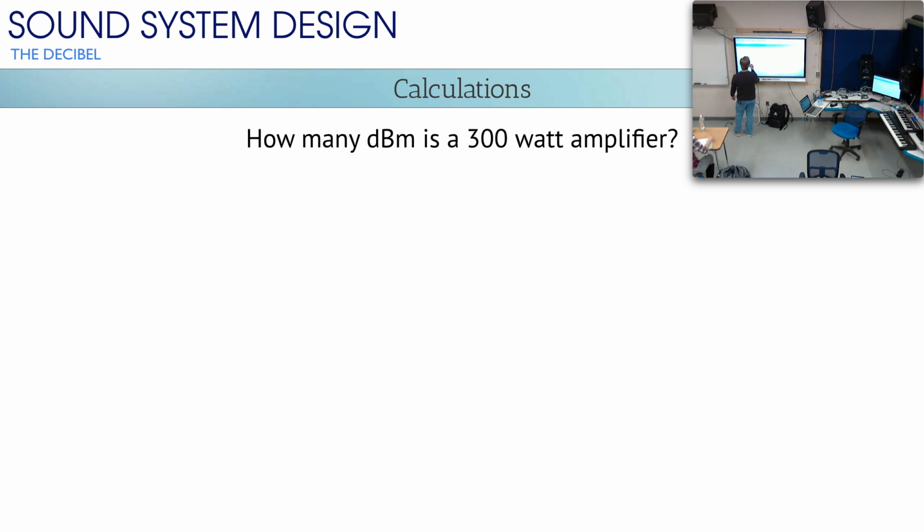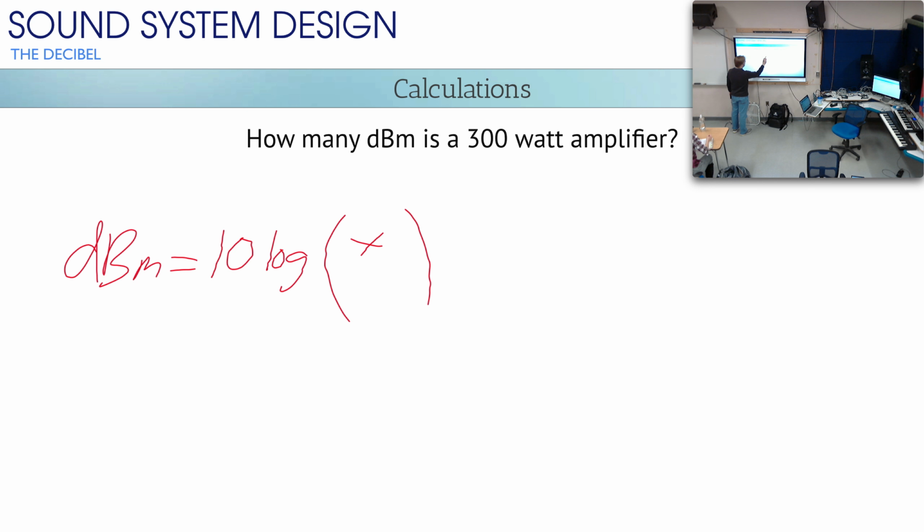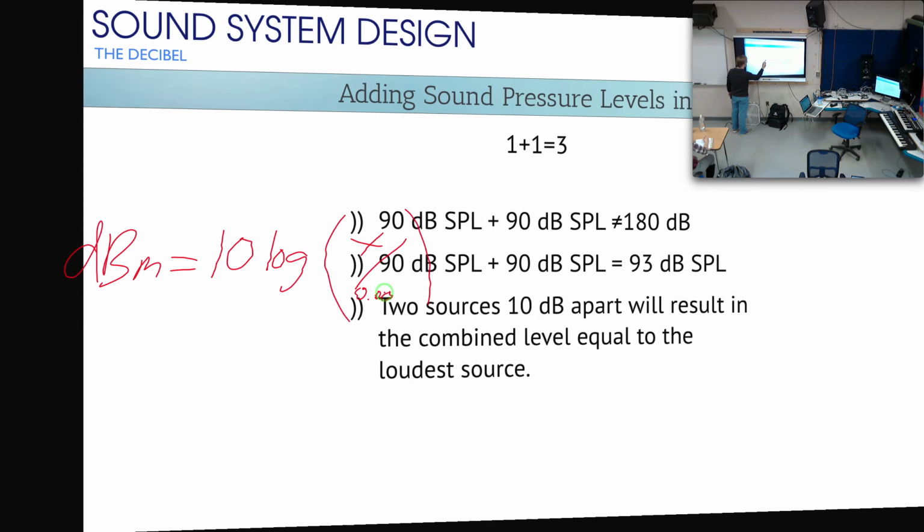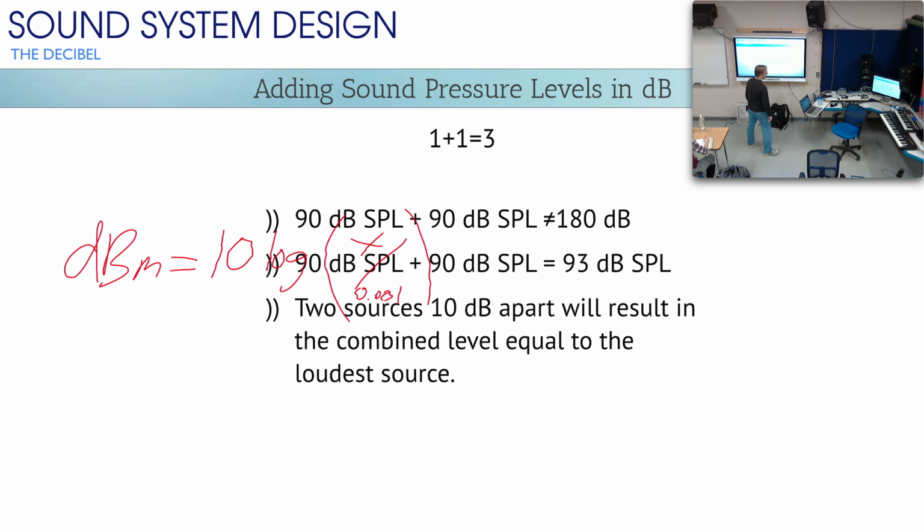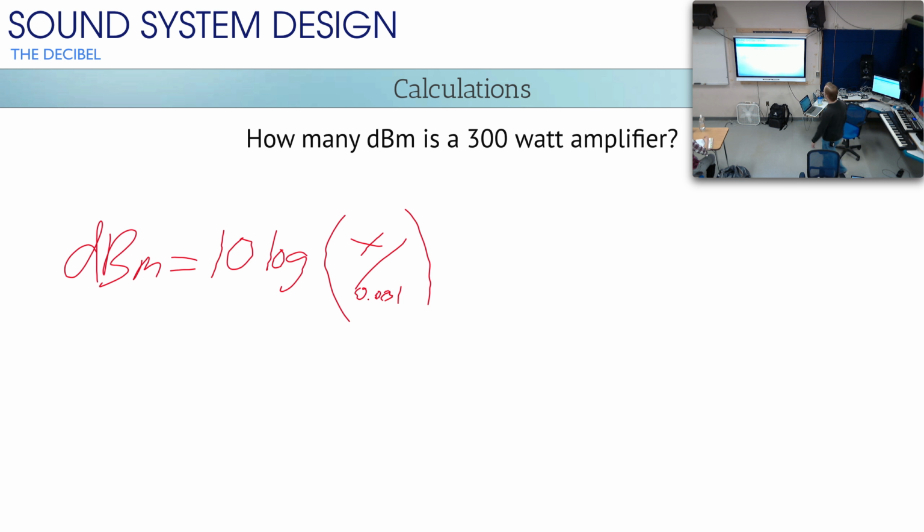Well, remember, dBm equals 10 times the log of x divided by 0.001. And in this case, x would be 300, right? 10 times the log of 300 divided by 0.001.